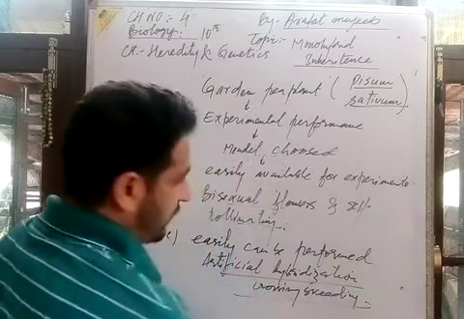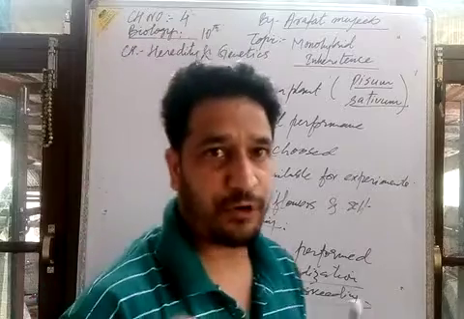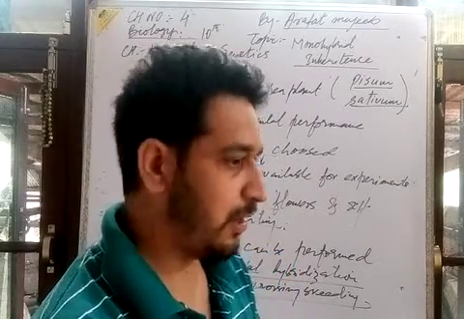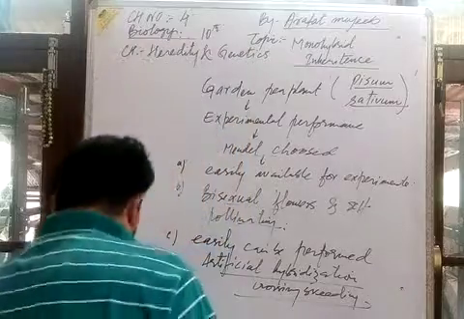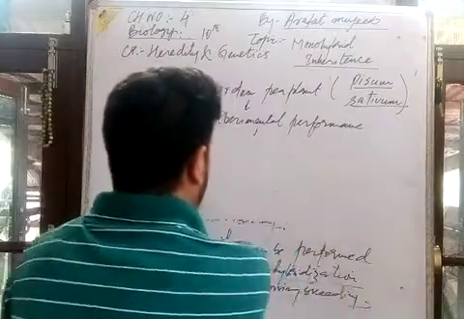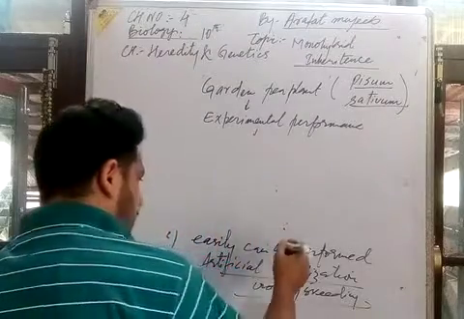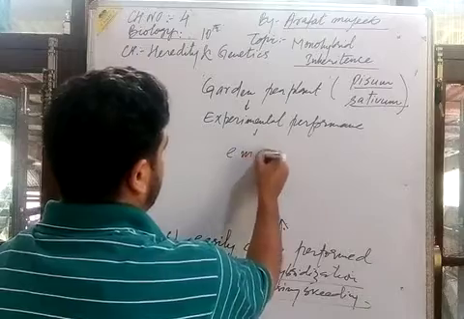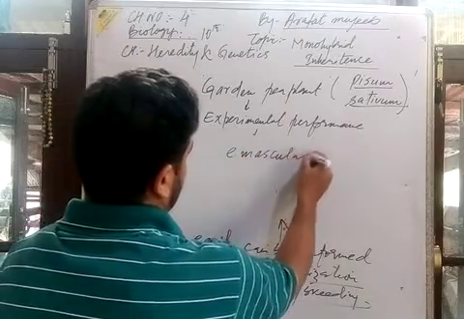To these flowers we can easily perform cross breeding. How is it possible? By the process called emasculation.